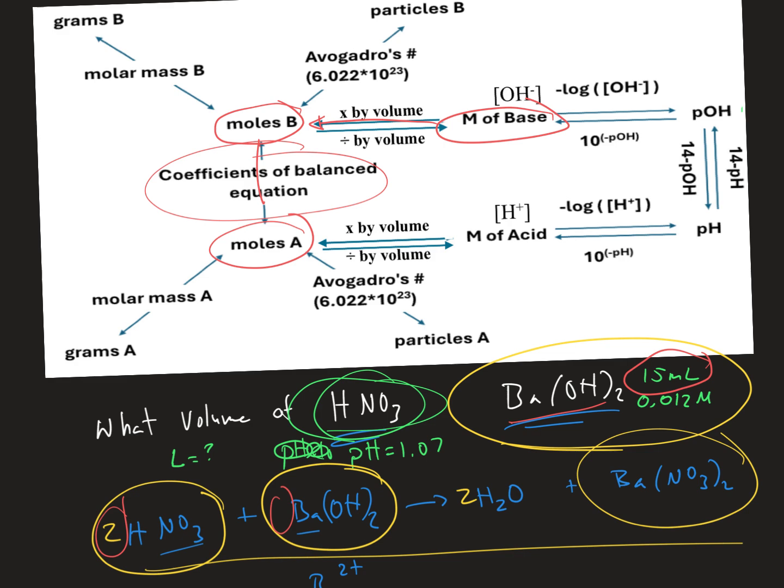Once we have moles of HNO3, in fact, since we have a pH here, we might have to do some more stuff, right? We have the pH. We can go this way to figure out the H plus concentration. It's a 1-to-1 ratio, so that's basically the molarity of that. So it looks like maybe we don't do this way. Maybe we don't have to do that.